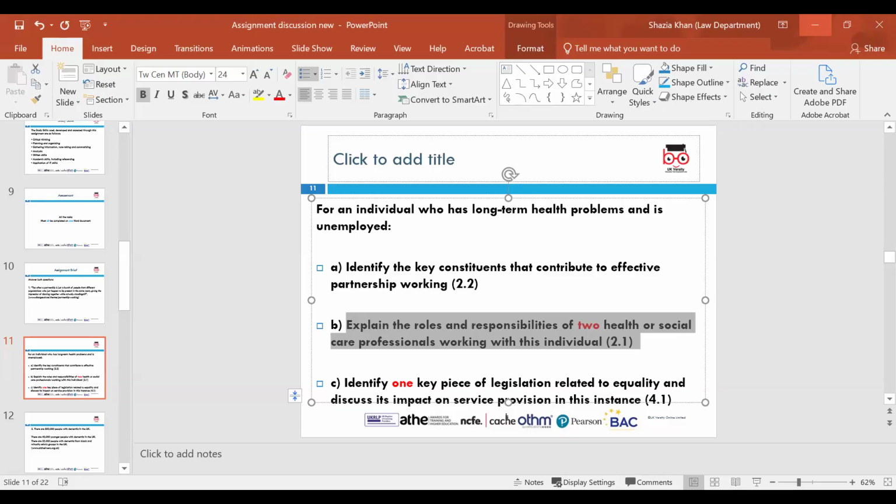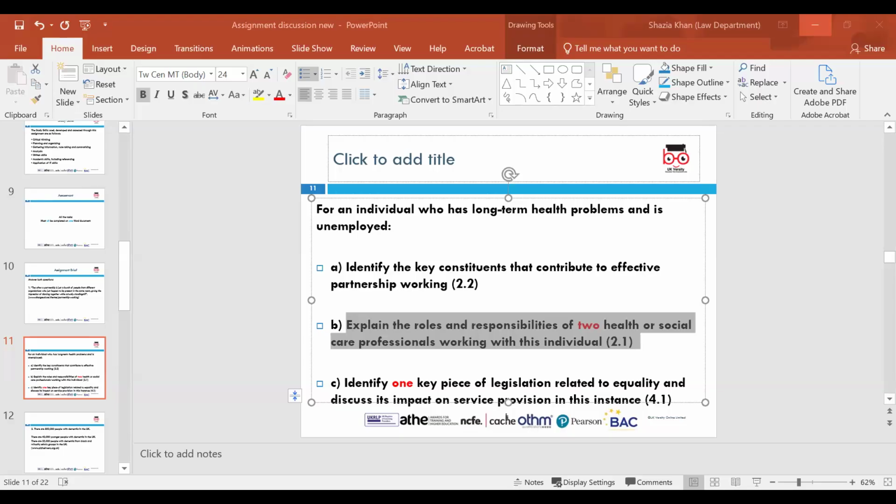Maybe a GP, a registered nurse, social workers, an occupational therapist. What would you look at in their roles and responsibilities? The role of the nurse, yes.